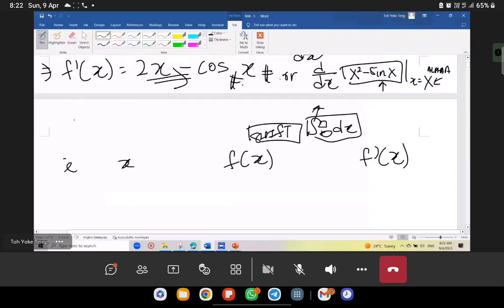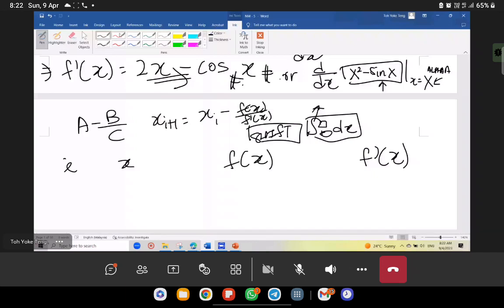for the Newton-Raphson method, the thing that you are going to use is a minus b over c, since x i plus 1 equals x i minus f x over f prime x. So again, it's the same thing. This one is a, b, c.